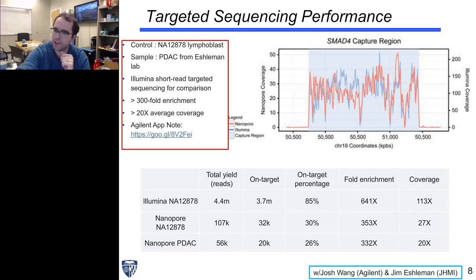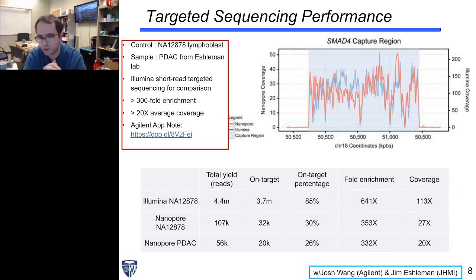You see that the light blue rectangle indicates the region we wanted to capture for this SMAD4 region. What you see in red is the Nanopore coverage, and what you see in blue is the Illumina coverage. They both echo each other pretty well, and the coverage is pretty uniform across the region. It's jagged, yes, and there are regions where the coverage seems to drop out, but that's because we couldn't design high stringency probes in that region.